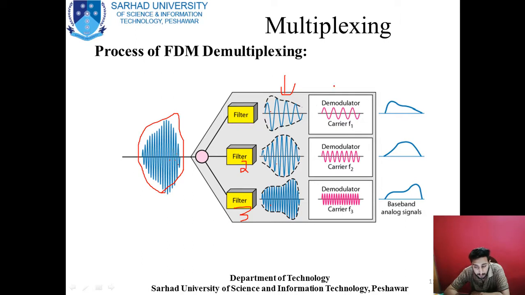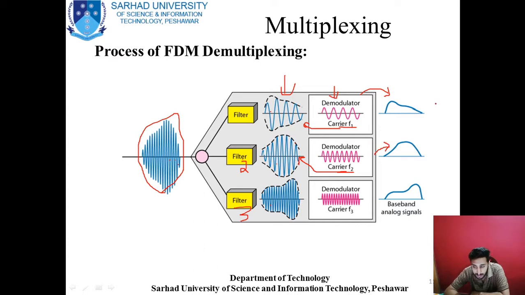And what does a demodulator do? The demodulator again multiplies the same frequency but with a different phase to this signal, and you get the original signal here. Similarly, this demodulator will multiply this signal with the filtered signal that you just filtered out, and it will provide you this signal back.